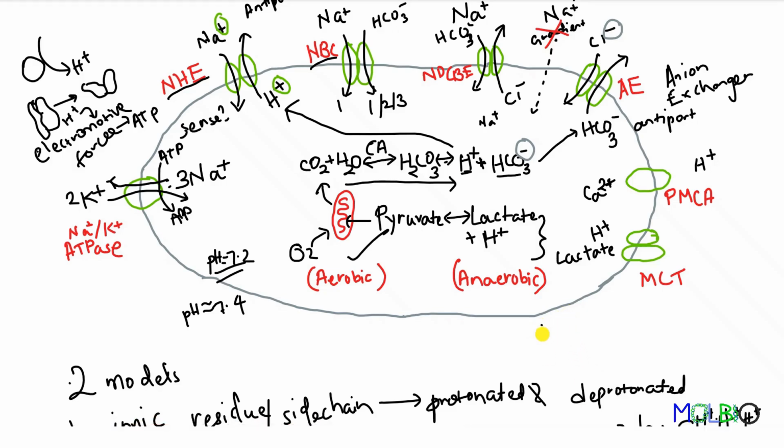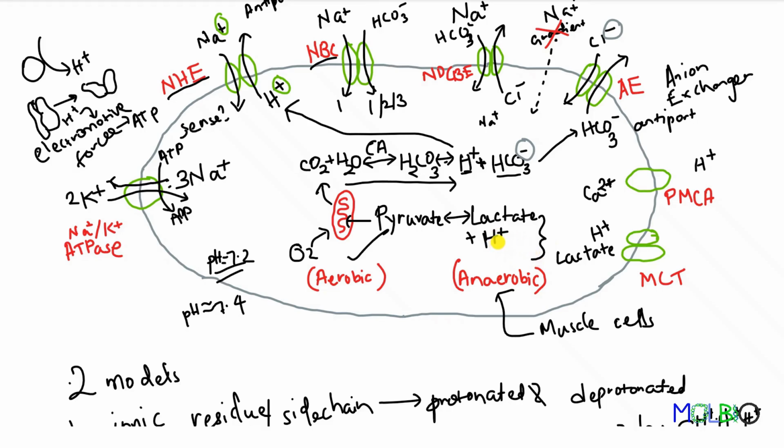But sometimes, let's say in muscle cells, when you are doing heavy exercise, when you need a sudden burst of energy and you don't have enough oxygen, they switch to anaerobic respiration where pyruvate breaks down to lactate and a proton, which together is lactic acid. And this lactic acid builds up and causes muscle cramps, if you know.